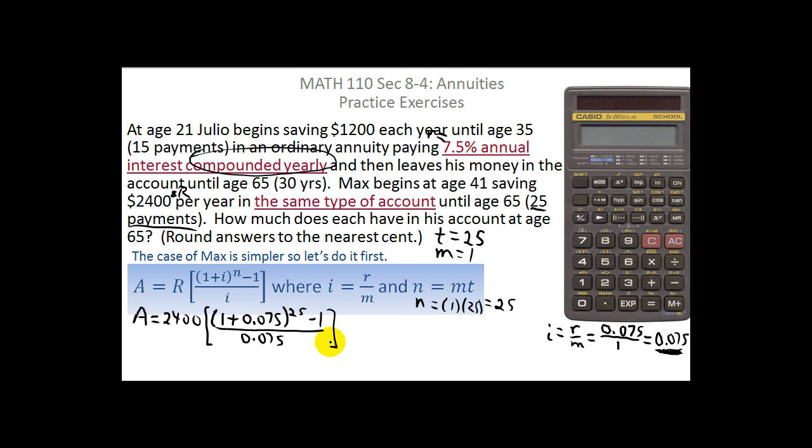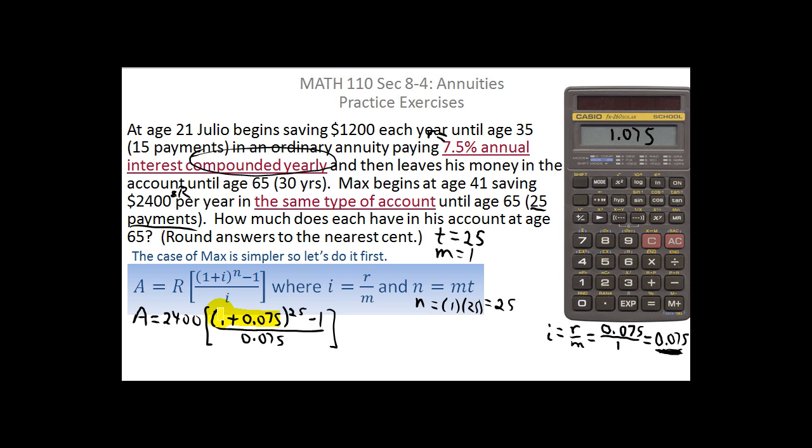Now let's carry out that calculation. The first thing I want to do is add 1 to 0.075. So if I go to my calculator and take 1 plus 0.075 equal, I get 1.075.